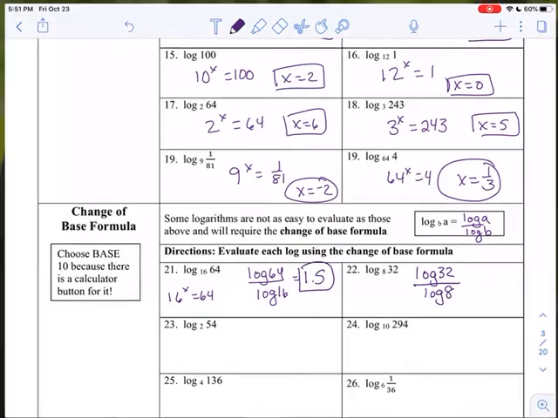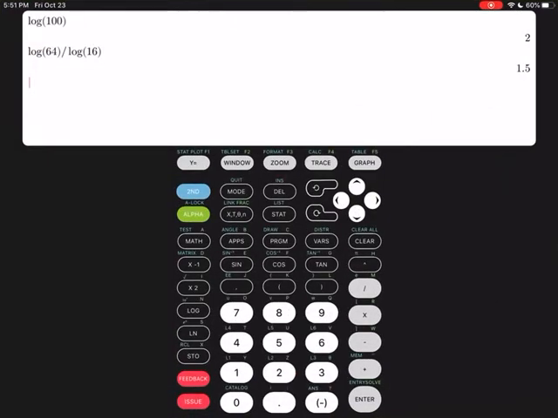Again, this is saying 8 to what power is 32? There is no whole number, it's a decimal. Change of base formula, log of 32 divided by log of 8 will give me the answer. So log of 32 divided by log of 8.